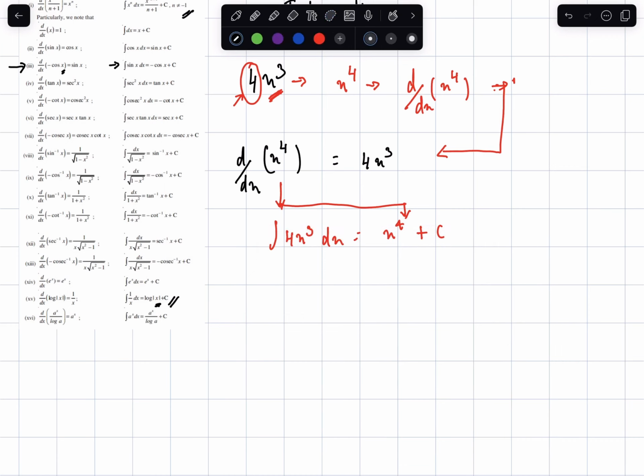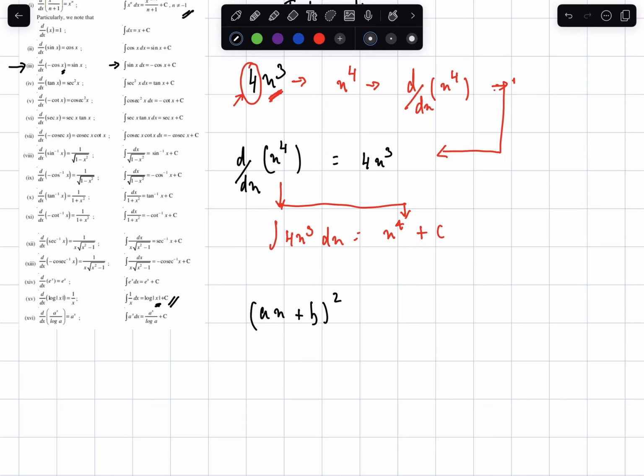So now, ax plus b the whole square. You knew one with cosine and sine, and you know one with e raised to the power x. So which one does this fall into? This falls into what we did previously with 4x cubed. Again, just follow the method. It's only these three cases that are going to happen for the method of inspection.